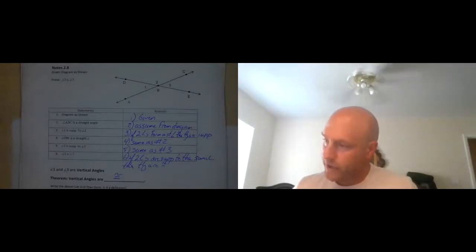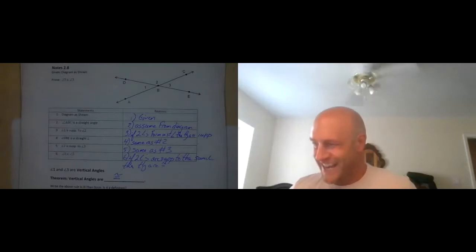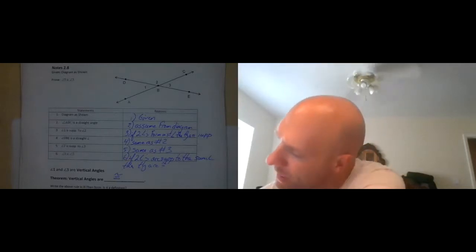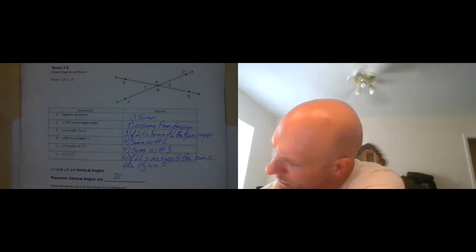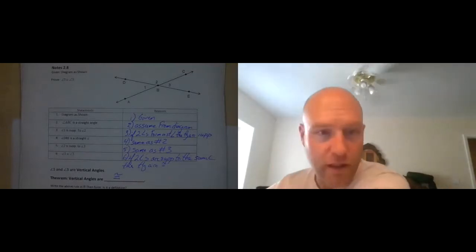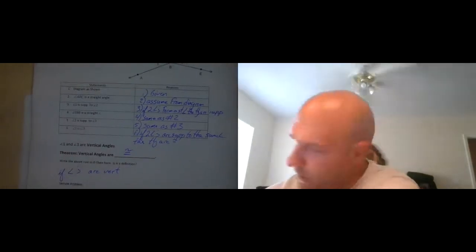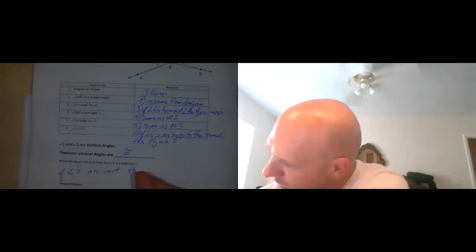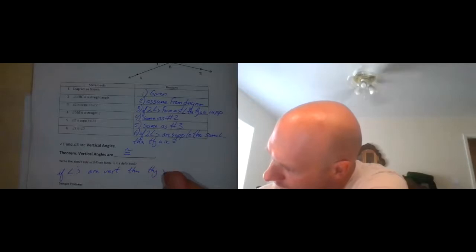Everything that we saw here is true of all vertical angles. Write it in if-then form. If angles are vertical, which I just spell vert, there, then they are congruent.